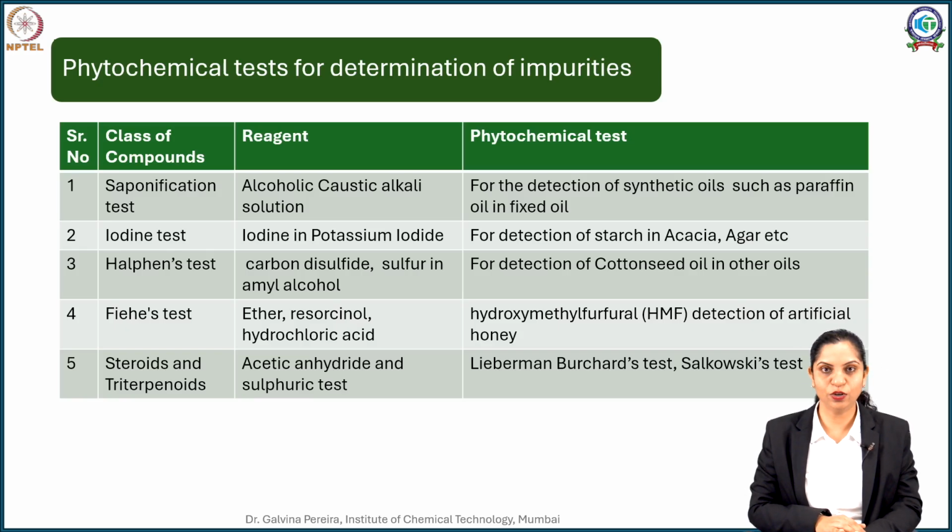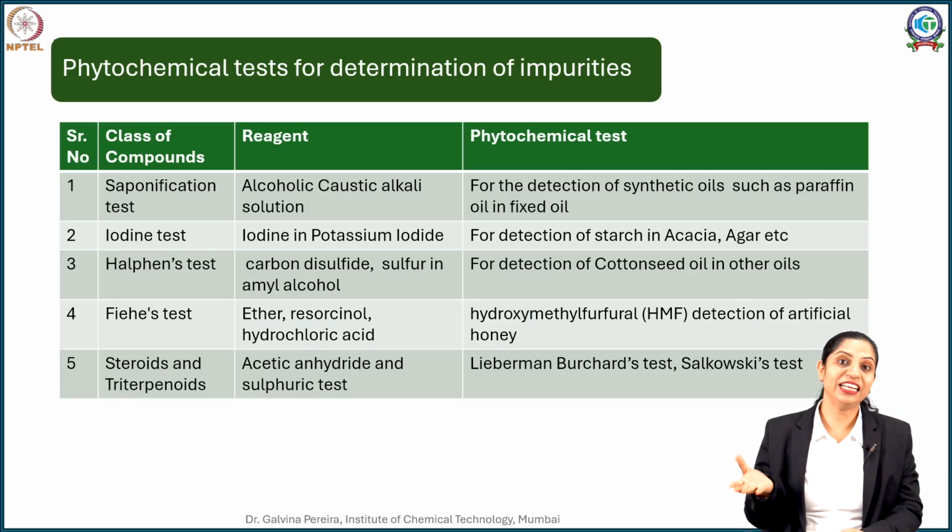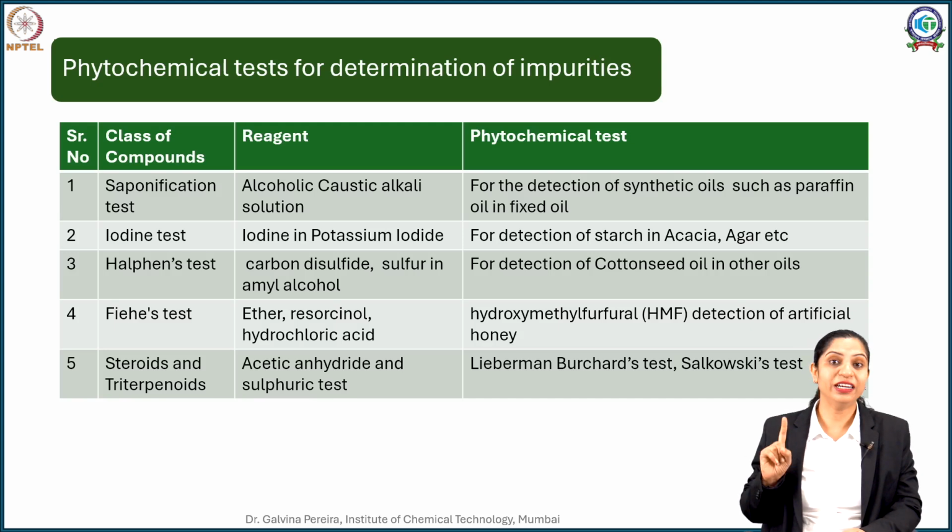We also saw adulteration of honey, and in that case we checked what is called the Fiehe's test. The Fiehe's test is basically a test where you can check the amount of hydroxymethyl furfural. This hydroxymethyl furfural is naturally there in honey, but in a very minute quantity. But when you are dealing with synthetic invert sugars, the quantity of hydroxymethyl furfural goes very high.